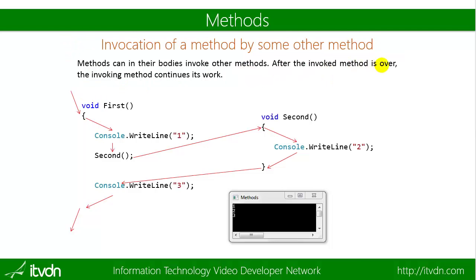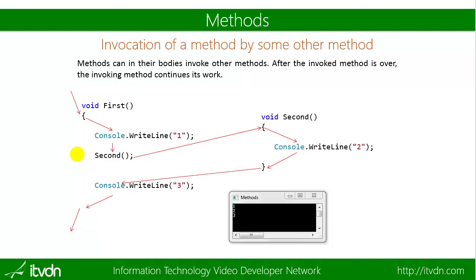After the invoked method is over, the invoking method continues its work. This means that in this first method, we are invoking our second method. We call our second method, it does its job, and then it leaves. Then we go back and work with our first method.